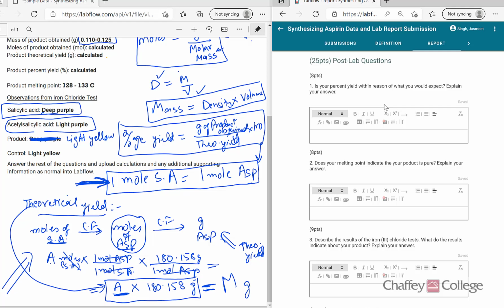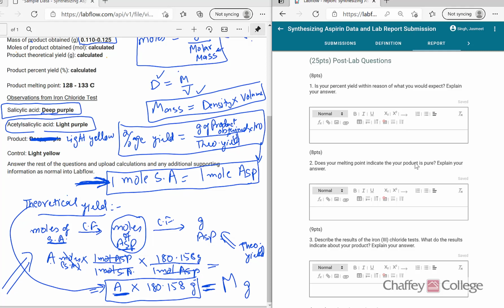Any value between 80 to 100% is considered good. If it's less than that, you should have a good reason why. So based on your calculation, explain if your percentage yield is good or not, and whatever answer you can think of for why your yield is low or high.